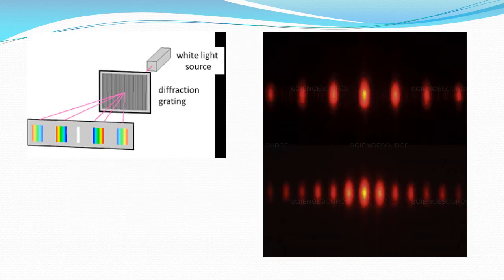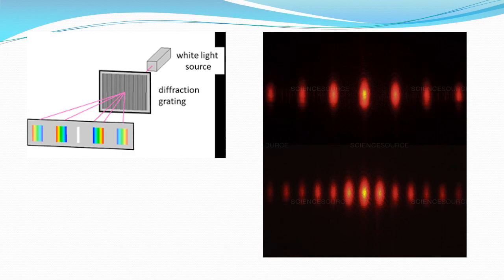This is what we'd actually see if we did this experiment. If I put red laser light through a diffraction grating, what we'd see is something like this. We'd see points of constructive interference, points of destructive interference, constructive, destructive, constructive, destructive.